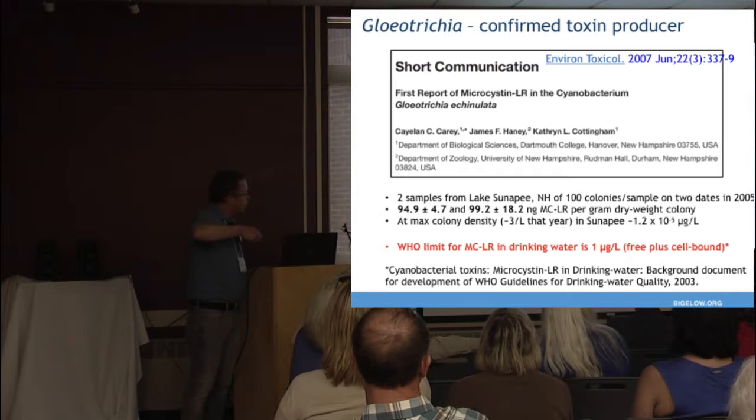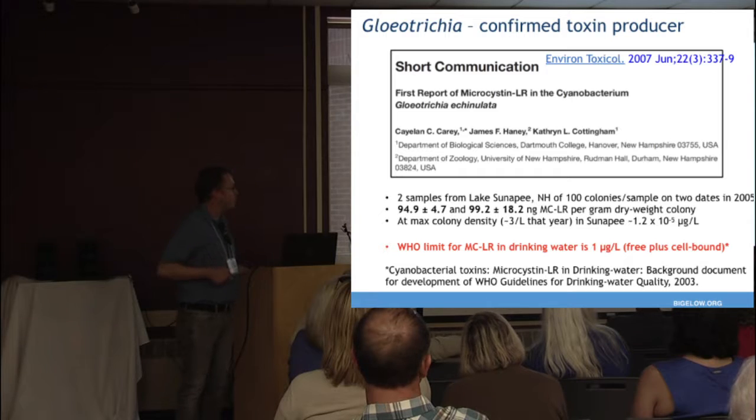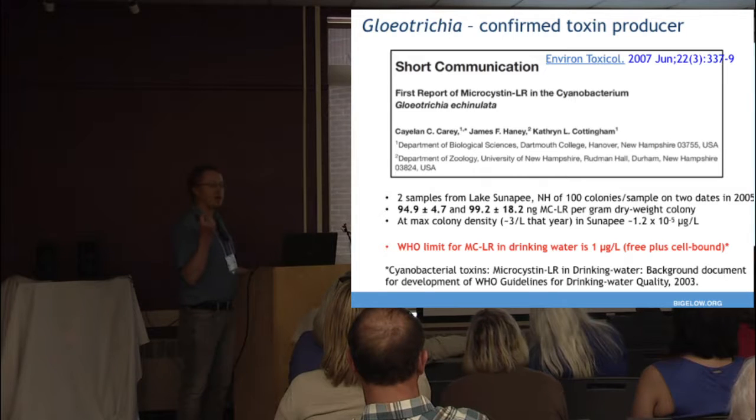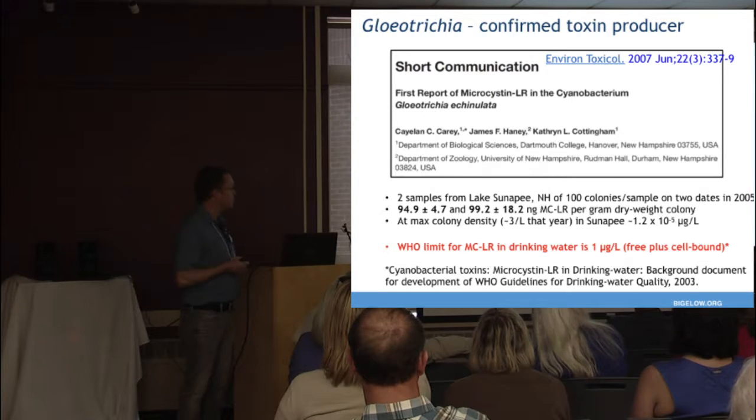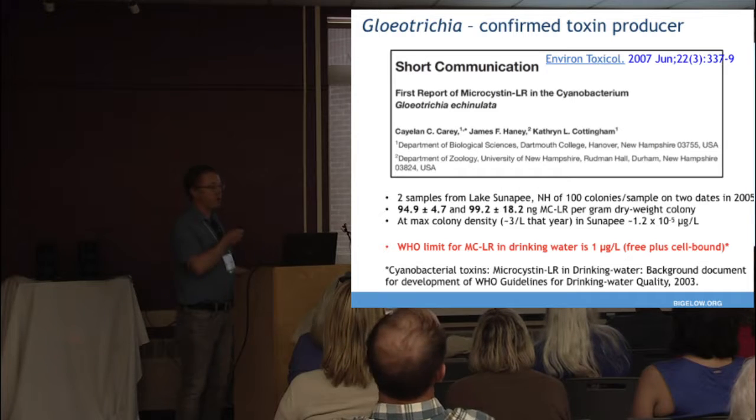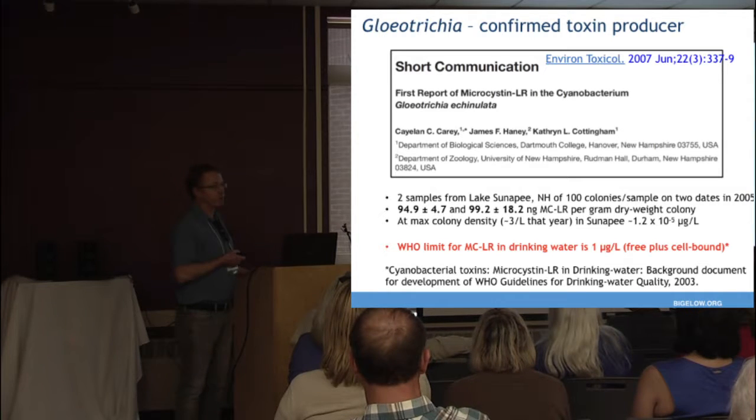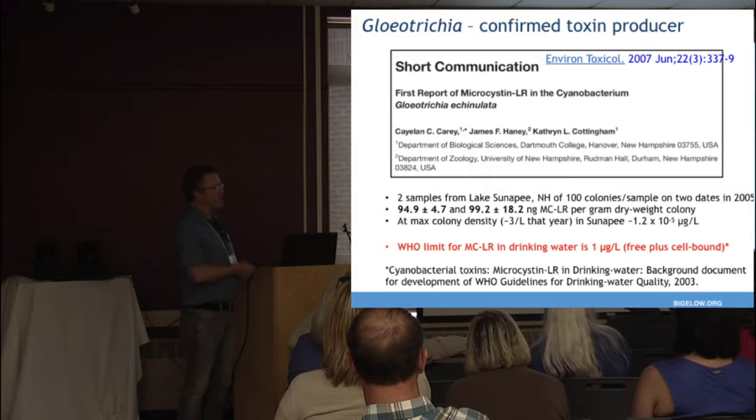The World Health Organization has set a limit for microcystin LR in drinking water of about 1 microgram per liter. Okay, that's free microcystin plus any that's tied up in cells itself. So it's a pretty low limit if you remember those values from Lake Erie that ranged generally from about 0.5 to about 9 or maybe up into the thousands.